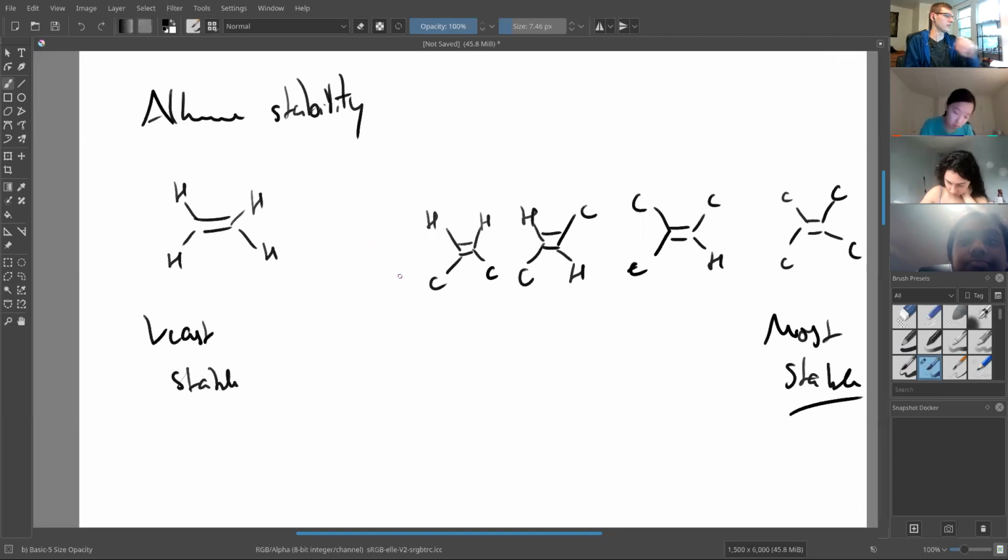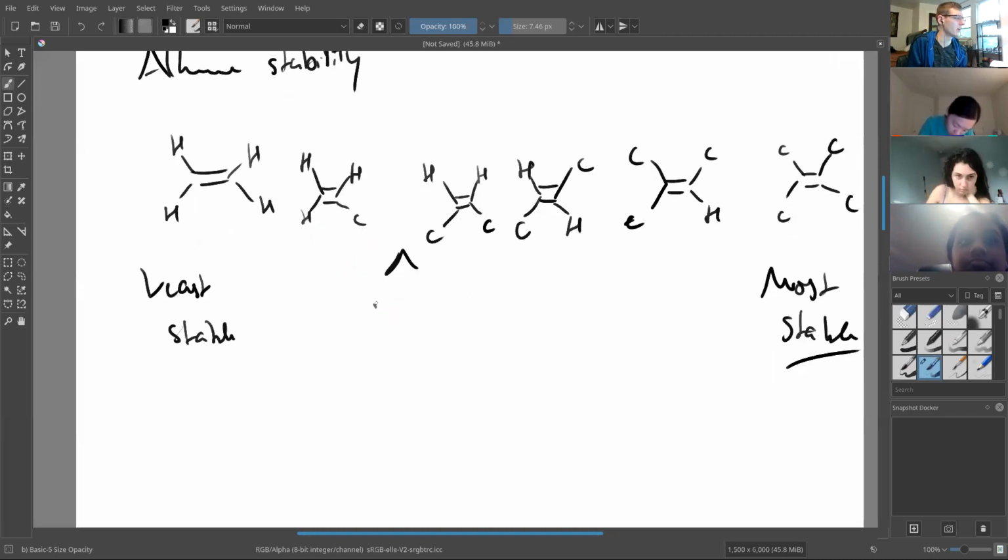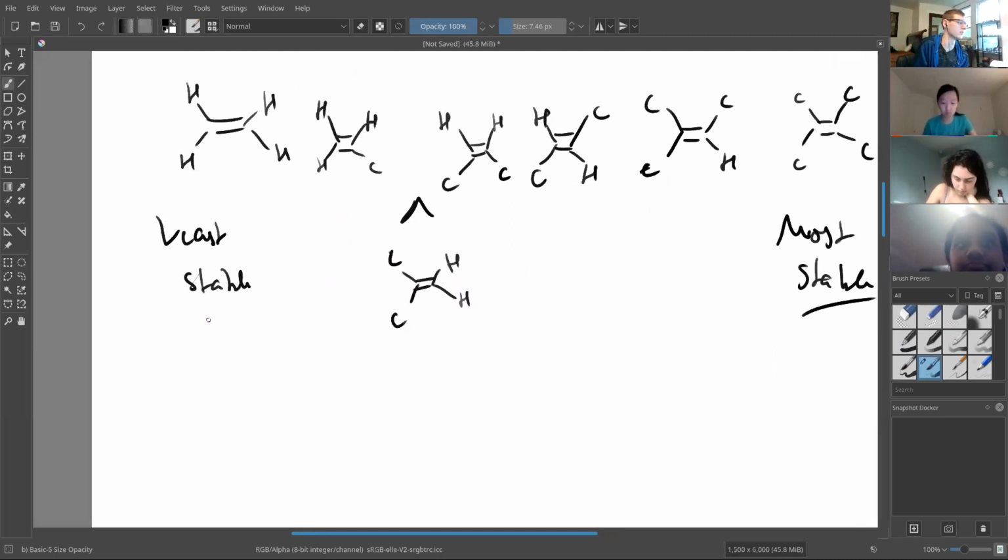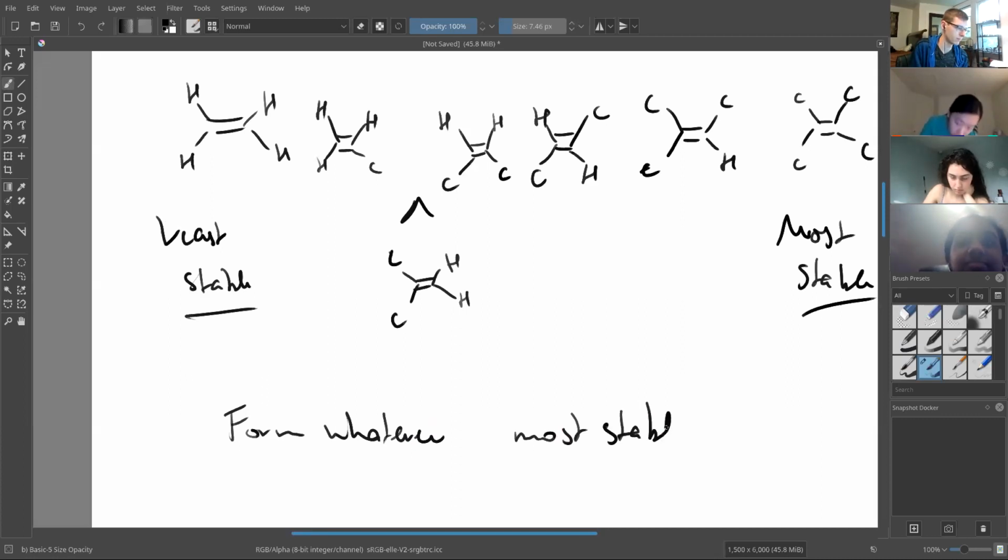If the carbons are on the same side of the double bond, then they bump into each other extra much, so that's not as good. So we form whatever is most stable in E1.